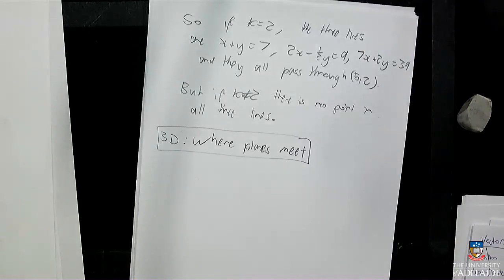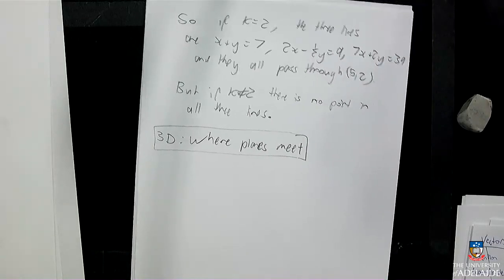Now we're going to use the same process that we used before, but it's going to be a bit more complicated now because there's 3 variables involved, and we might have more than two equations, but we've already dealt with that. So first, we know how to tell if 2 planes are parallel. And we know if they're parallel, they're not going to have any points in common. So let's think about how 2 planes might meet.